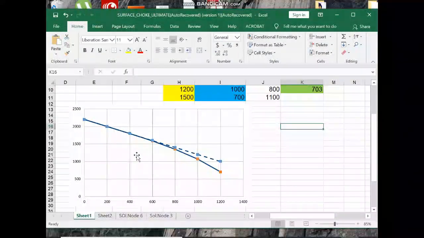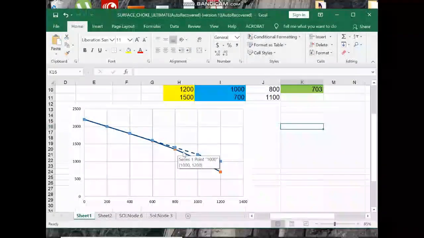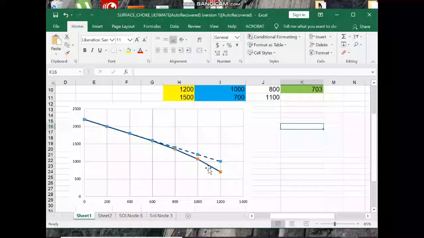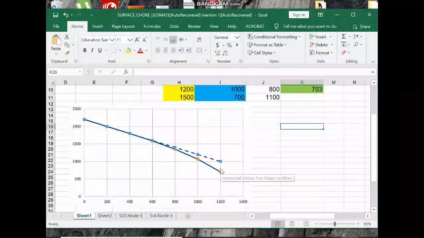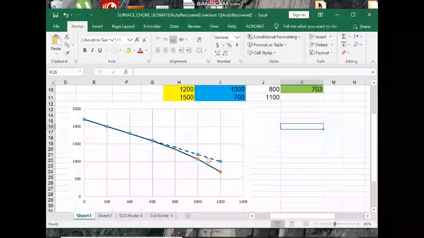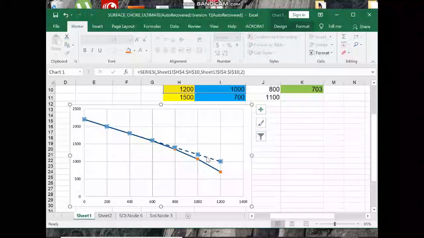After 400 barrels per day, at let's say 600 barrels per day, we have a small discrepancy. But further down the production, we get a bigger discrepancy. What it means is that the J constant is overestimating the reality of the reservoir after the bubble point.